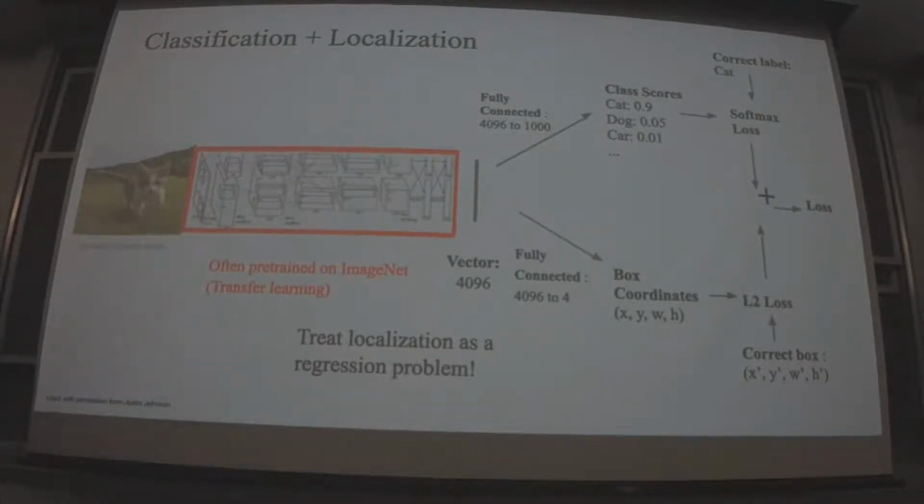Think of it as loss 1, the softmax loss, plus beta times loss 2, where beta is a hyperparameter that you can tune using cross validation. The basic idea is that you want to bring it to the same scale as the other one if you want both losses to contribute equally to training the model.